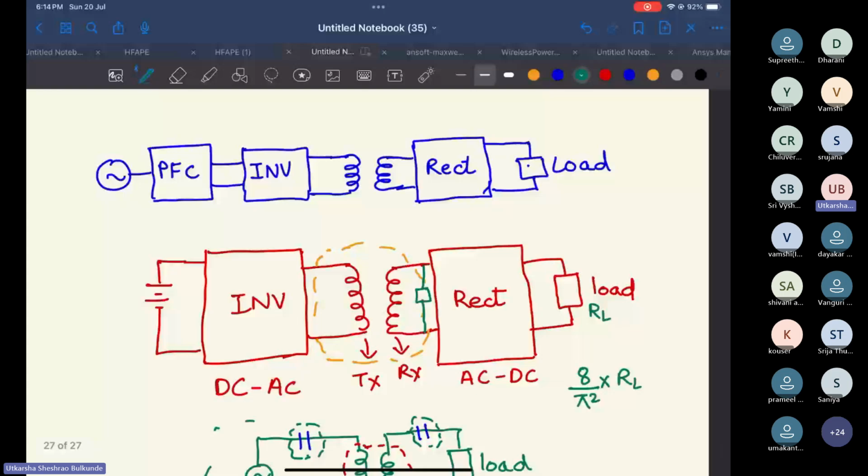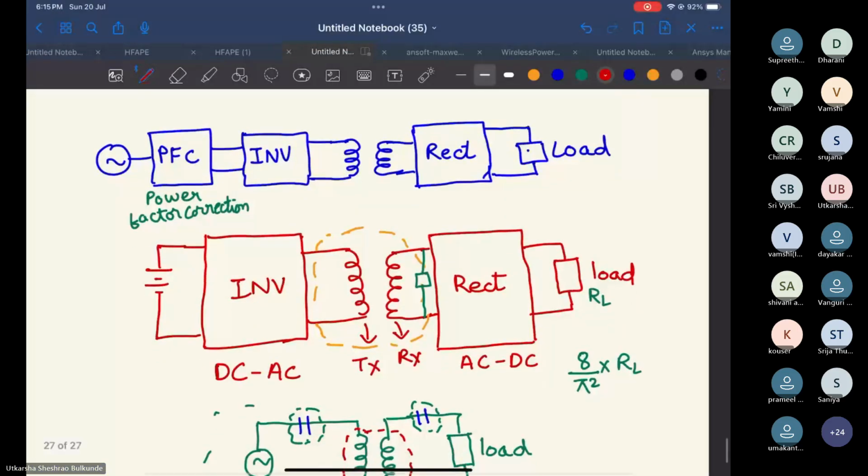So first thing is, you have your grid, then your PFC. PFC does your power factor correction. This is a whole different topic, so we are not discussing these things, okay? Then comes your inverter.